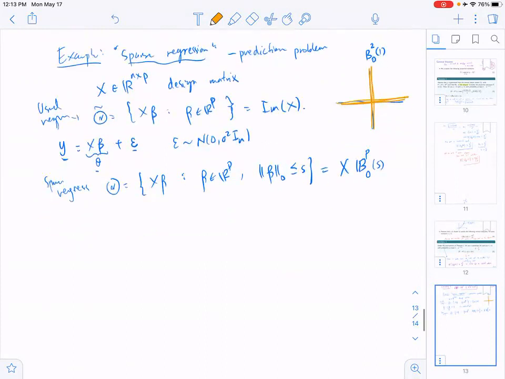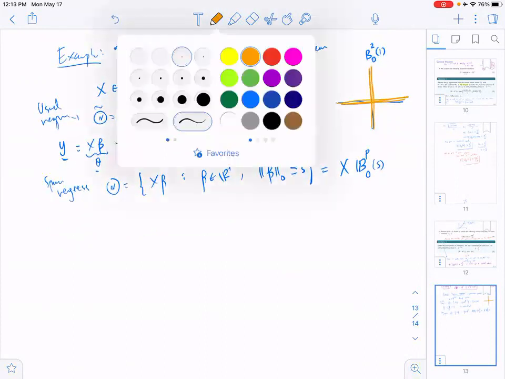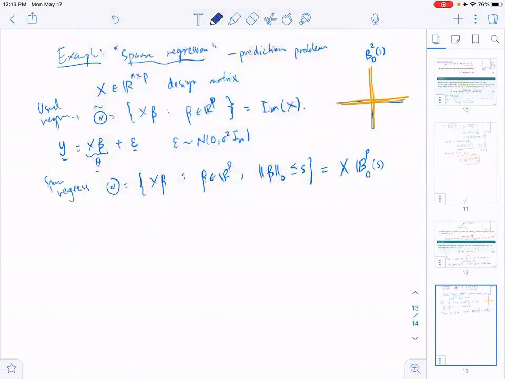And then this guy would be n by 2 in this case, if P is 2. Then you'd have 2 vectors in R n. This would be like R n.